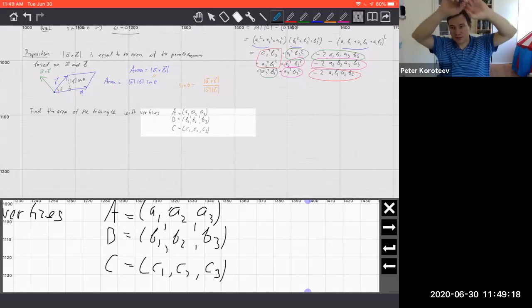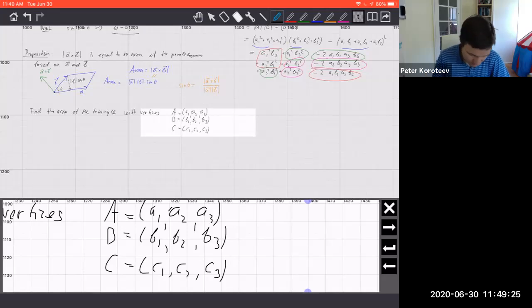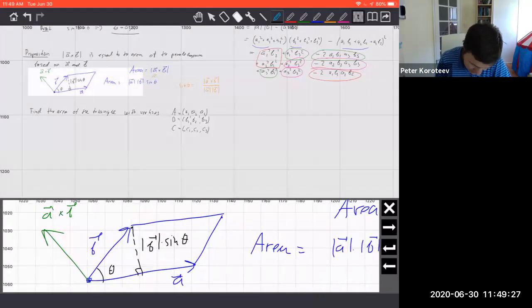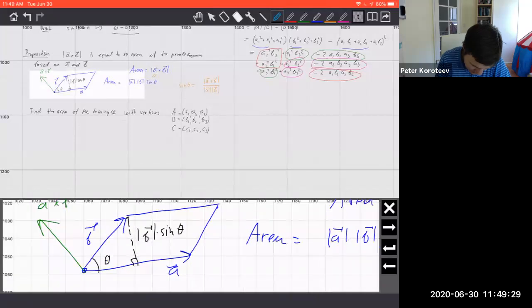Then of course you can draw a triangle by connecting all these vertices. Let's say this is A, this is B, this is C, and the triangle will be this.